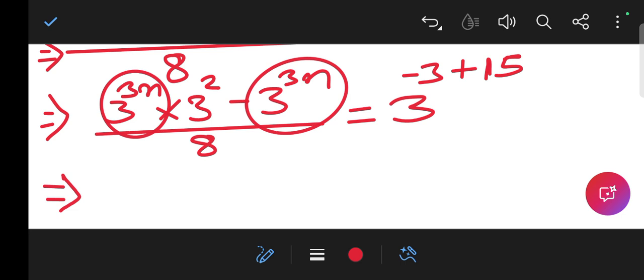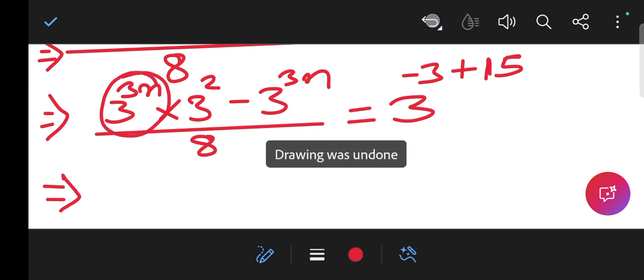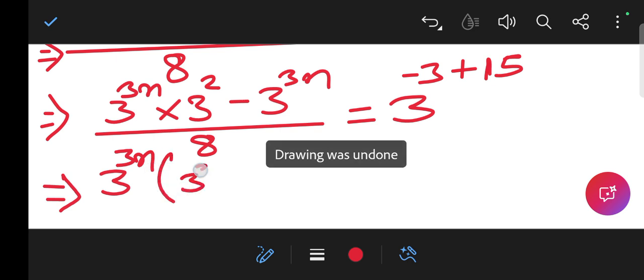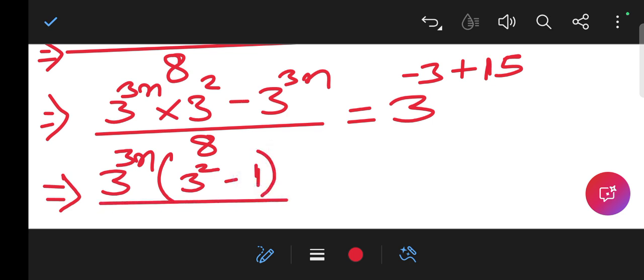As we take out 3 raised to the power 3n as common, the result is going to be 3 raised to the power 3n times 3 raised to the power 2 minus 1, equal to 8 times 3 raised to the power minus 3 plus 15, and minus 3 plus 15 is going to be plus 12.